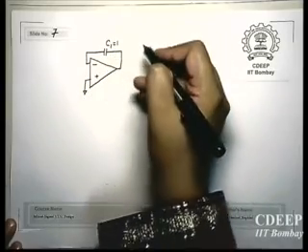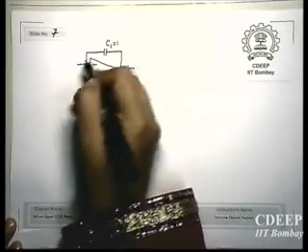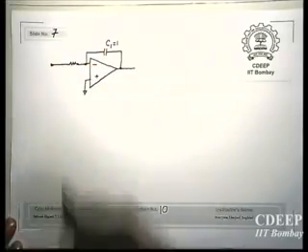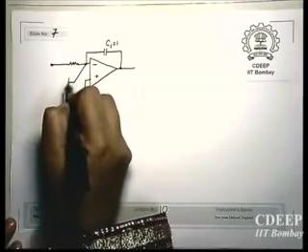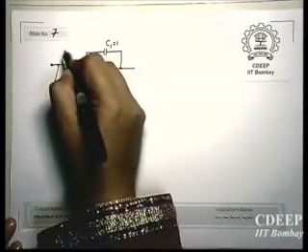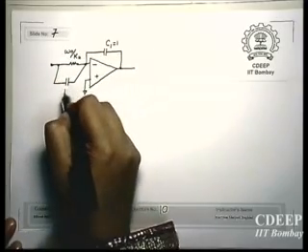With normalized values. So this is the first integrator. So these values are given according to the characteristic of the transfer function. I will write the transfer function.